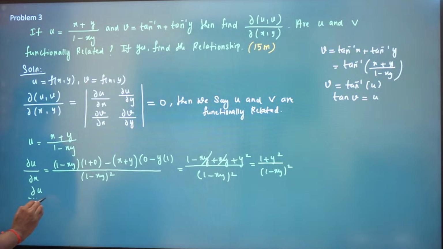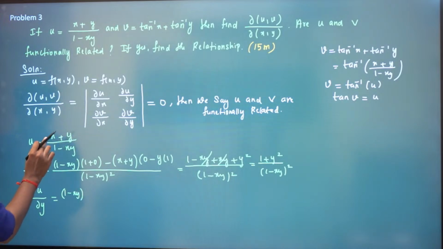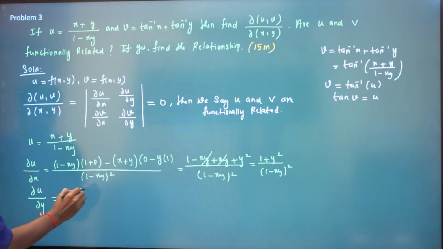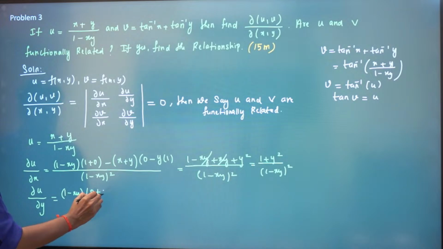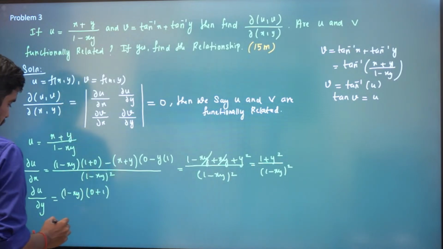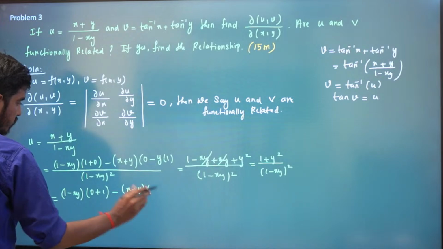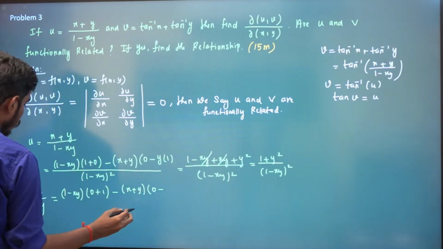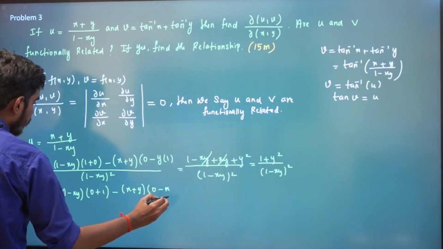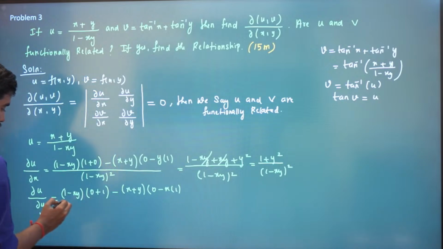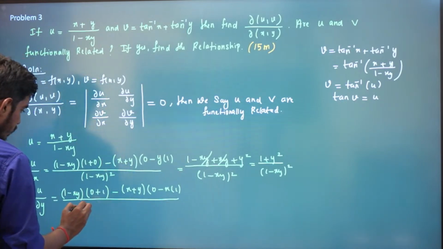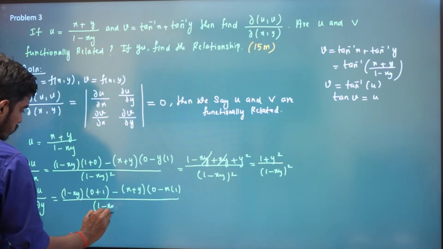Now you find dou u by dou y. So b into u dash, with respect to y partially you differentiate. So derivative of x is 0, derivative of y is 1, right? Minus b into u dash, you differentiate 1 minus x with respect to y. So your minus x will be constant, derivative of y is 1, whole divided by 1 minus xy whole square.